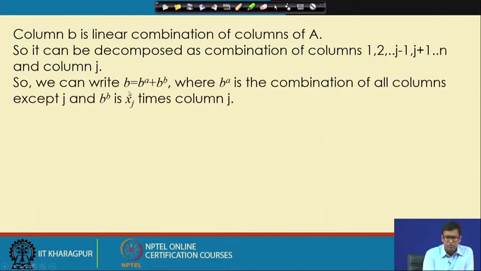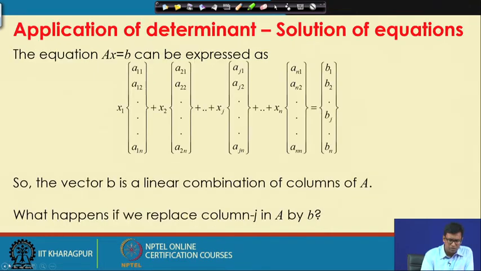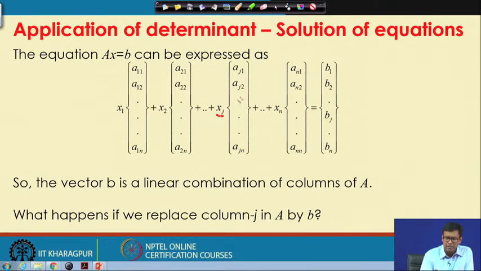So, we can decompose B in two parts, where one part is the combination of all columns except j and the other is the contribution of column j. And what is the contribution of column j? If we go back to a previous slide, we can see the contribution of column j is nothing but xj, xj amount of column j is multiplied to get B. So, the contribution of column j is xj.